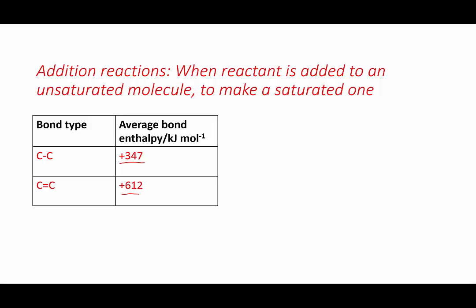You'll also remember from the last video that a carbon-carbon double bond is made up of a sigma bond and a pi bond, whereas a carbon single bond is simply a sigma bond. So the strength of a sigma bond is 347. So what is the strength of the pi bond? Well, we can work it out. It's just 612 minus 347, which gives us 265 kilojoules per mole.